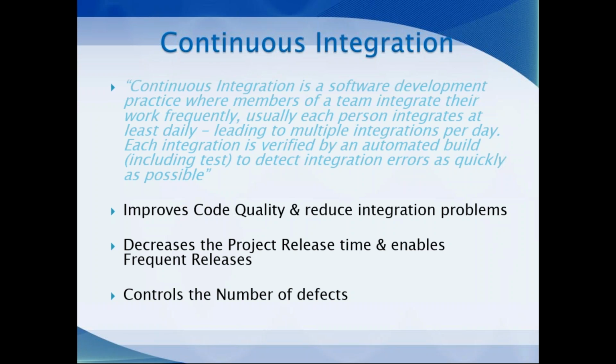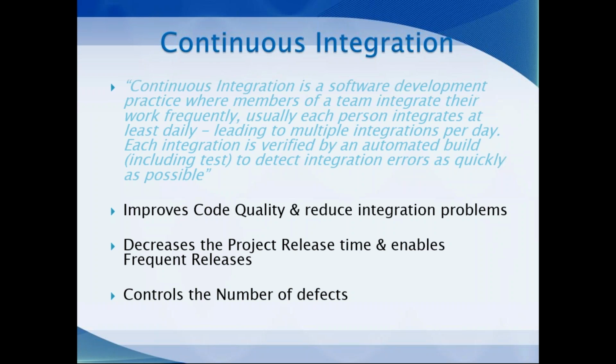So, continuous integration is a software development practice where members of the team integrate their work frequently. That means you actually have bi-weekly releases of your application. Okay, that means every 2 weeks you will have a release. Build and release are both different.